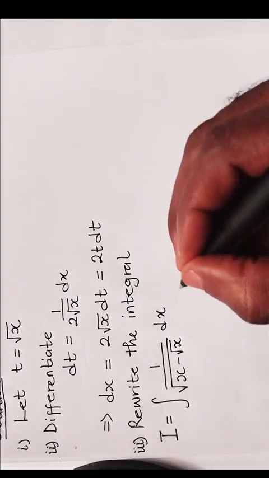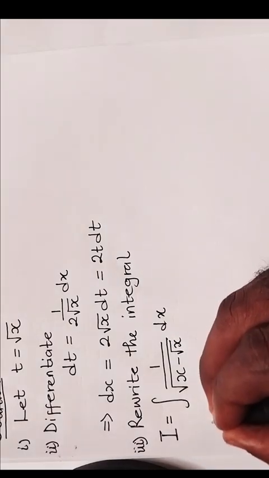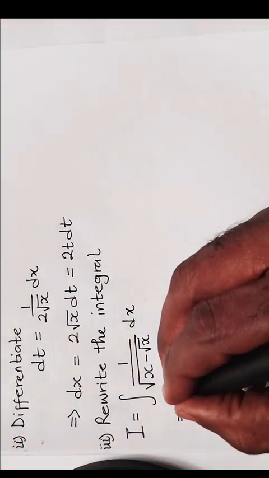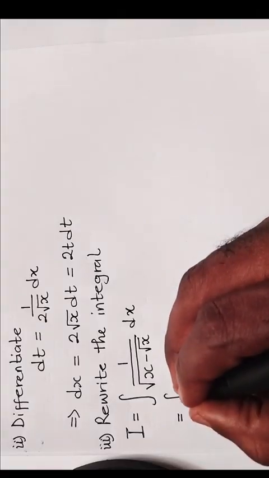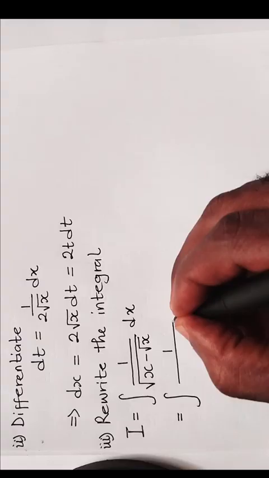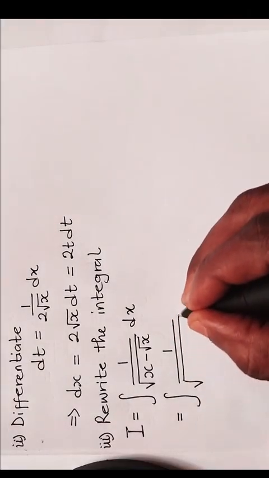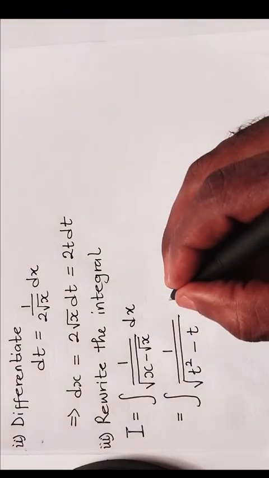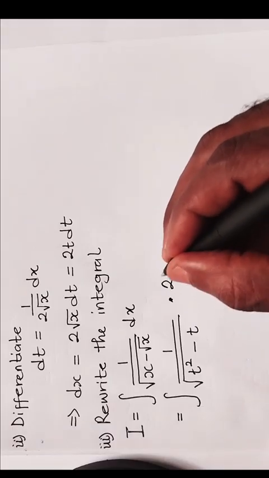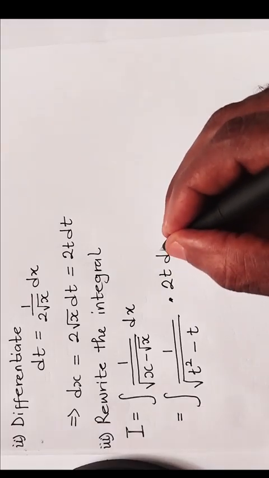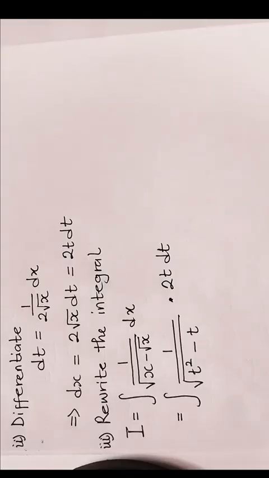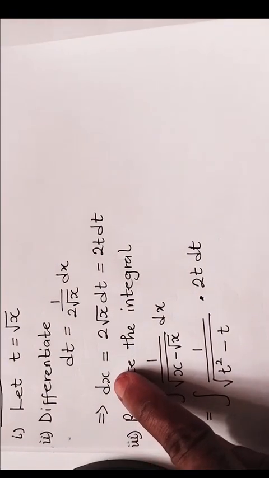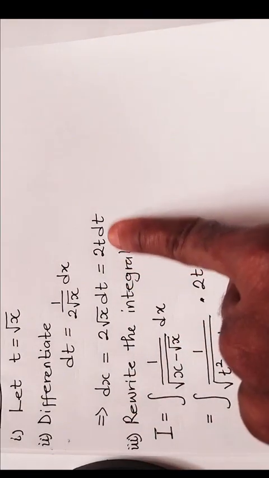Now, the third thing we have to do is rewrite the integral. We have I equal to the integral of 1 over the square root of x minus the square root of x, dx. Rewriting it, this will be equal to the integral of 1 over the square root of t squared minus t, multiplied by 2t dt. This is because our dx is the same thing as 2t dt.